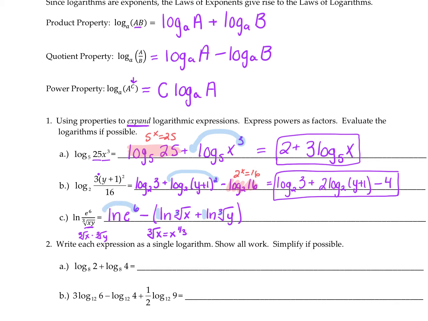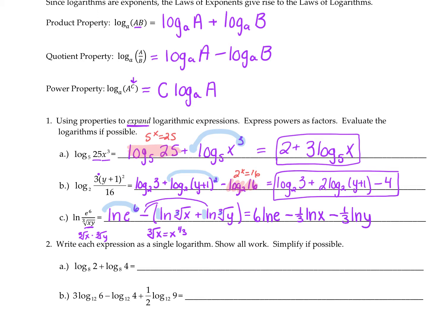So I'm going to have 6 ln of e, and then I'm going to also distribute this negative in. So minus 1/3 ln of x minus 1/3 ln of y.